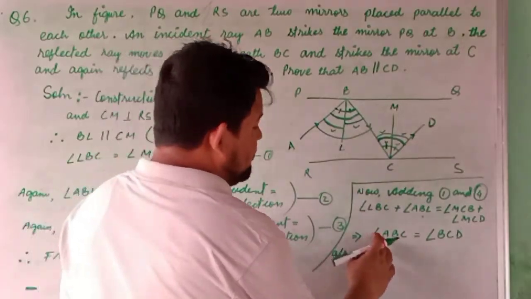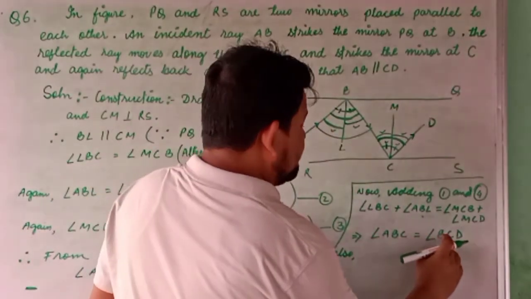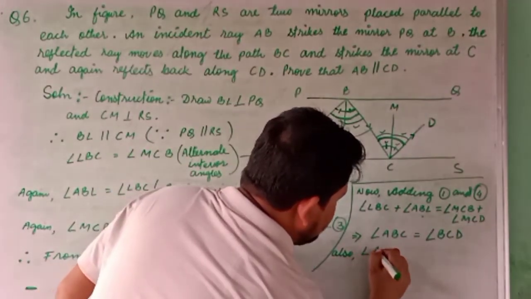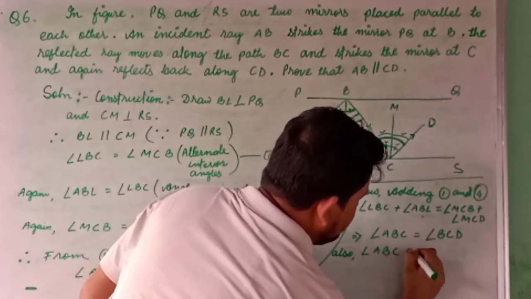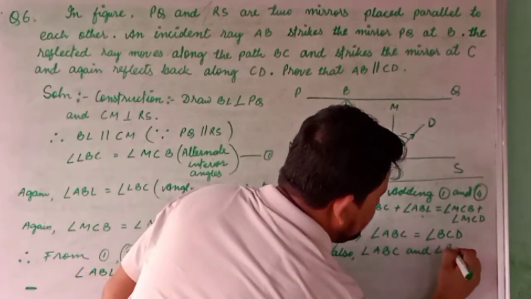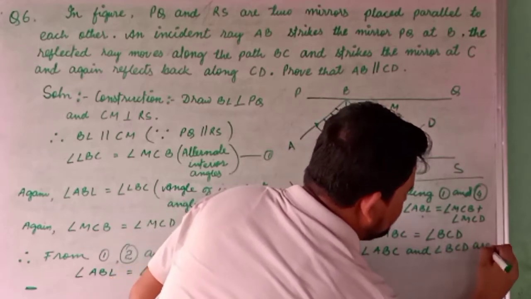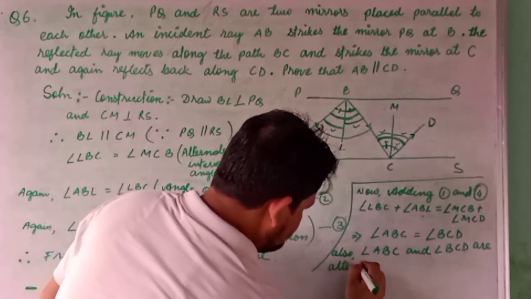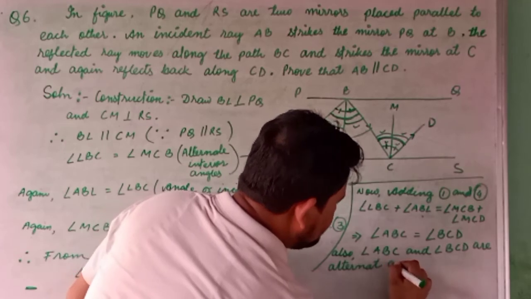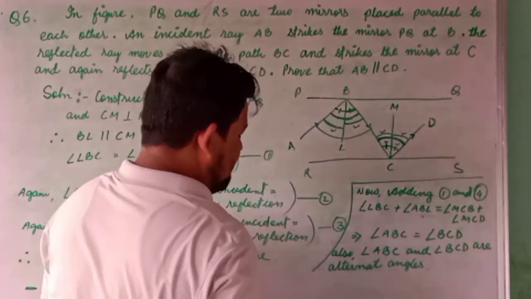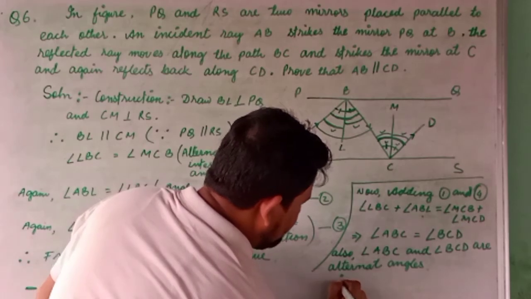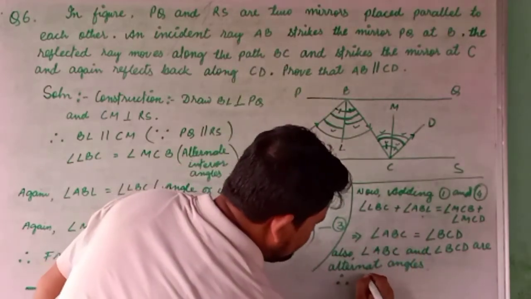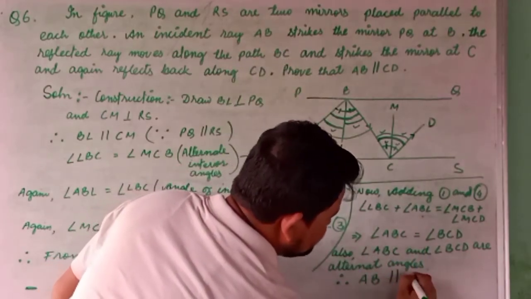So also angle ABC and angle BCD are alternate angles. Therefore we can say AB is parallel to CD.